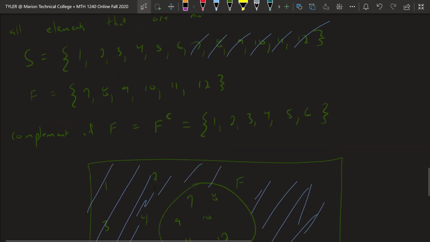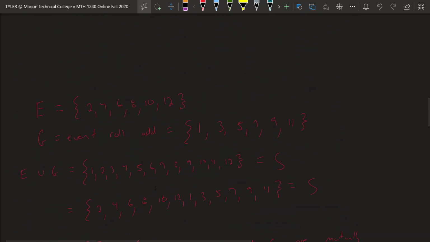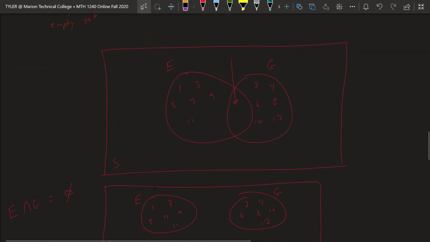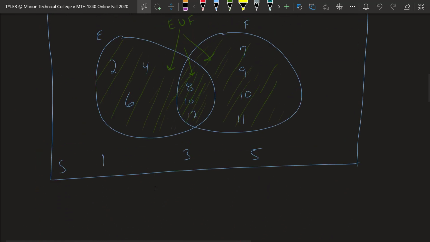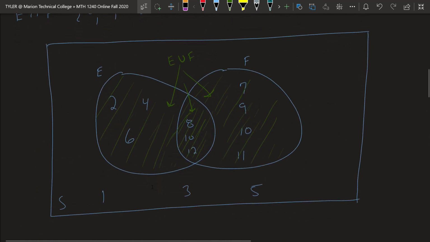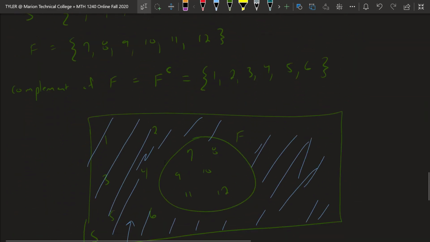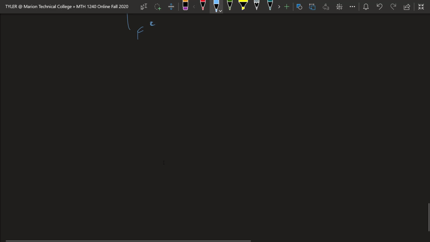Now I could have used the picture that we had up here. If we drew a picture like this again, you could still find F complement.